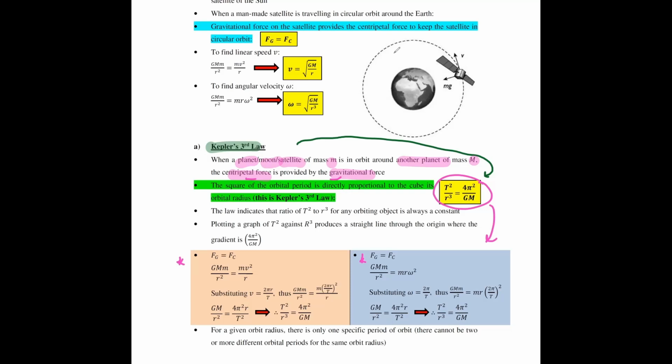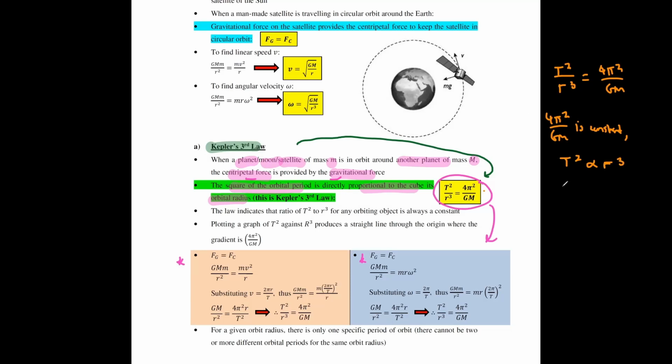Now, specifically, Kepler's third law tells you this. The square of your orbital period will always be directly proportional to the cube of your orbital radius. So how to come to this conclusion is through this. If you look at this equation for Kepler's third law, T squared over r cubed is 4 pi squared over GM. If I tell you 4 pi squared over GM is constant, T squared is proportional to r cubed, right?